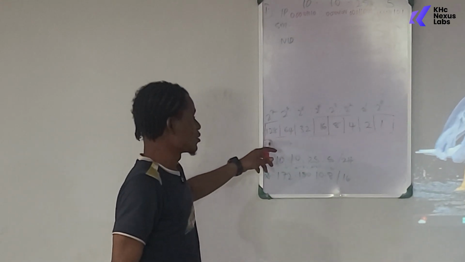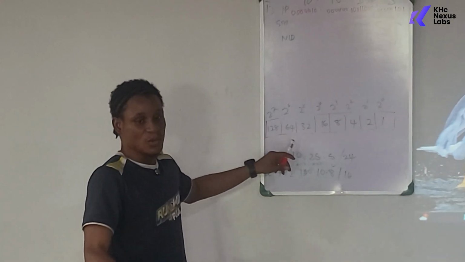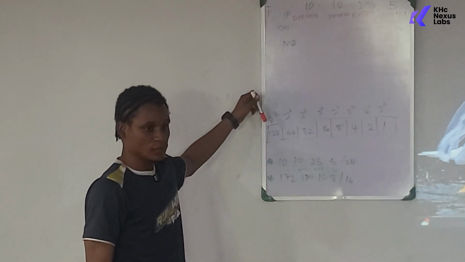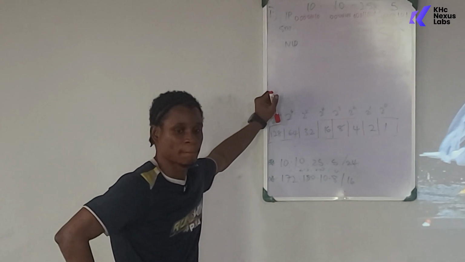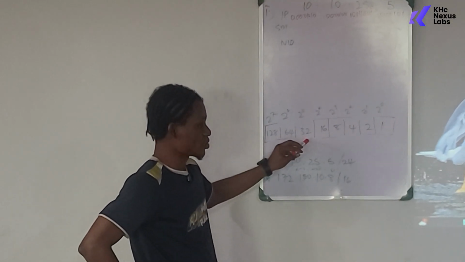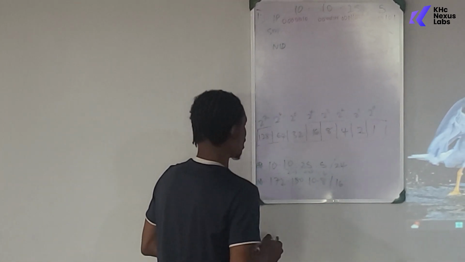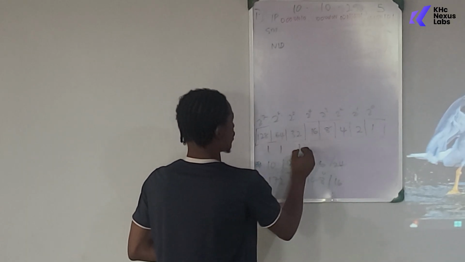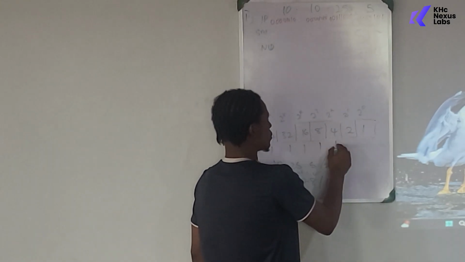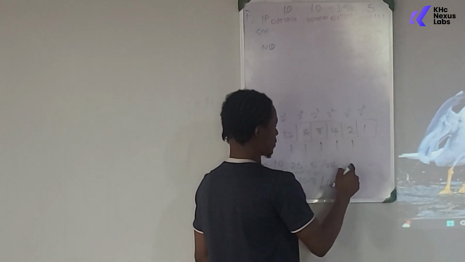So 255 would mean adding up all of this. 128 plus 64, 192 plus 32, 224, plus 16, 240 plus 8, 248 plus 4, 252 plus 2, 254 plus 1.